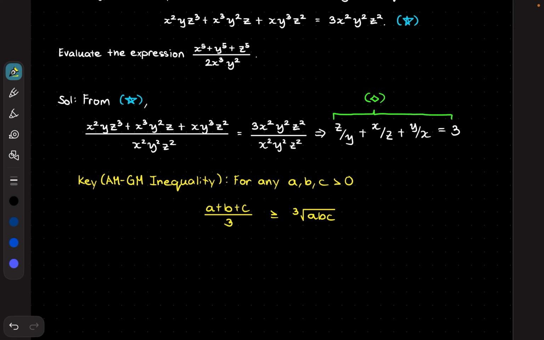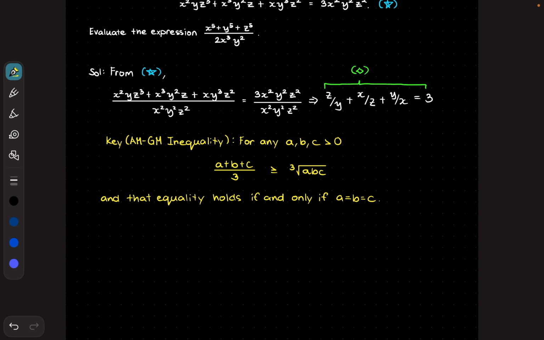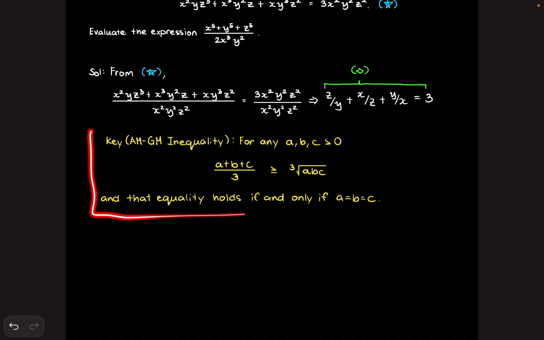That's basically the inequality. And take note that equality holds if and only if a equals b equals c. So this would be our key formula in solving this one.